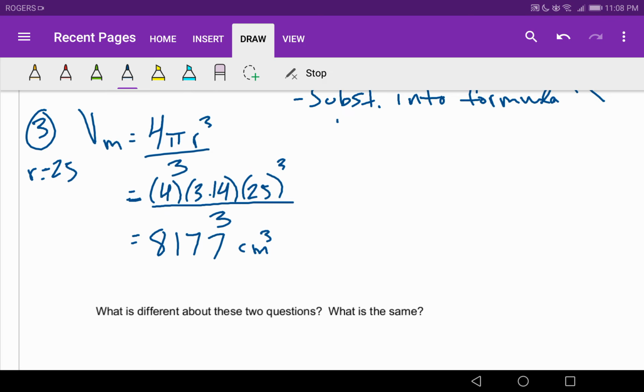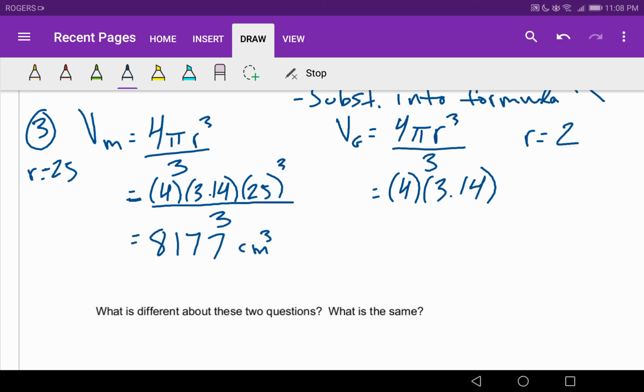Okay, now let's find the volume of the gumball. Still the same formula, 4 pi r cubed divided by 3. We assume the gumball is also a sphere. The radius this time was given to us as 2. So do 4 times 3.14 times 2 cubed divided by 3.